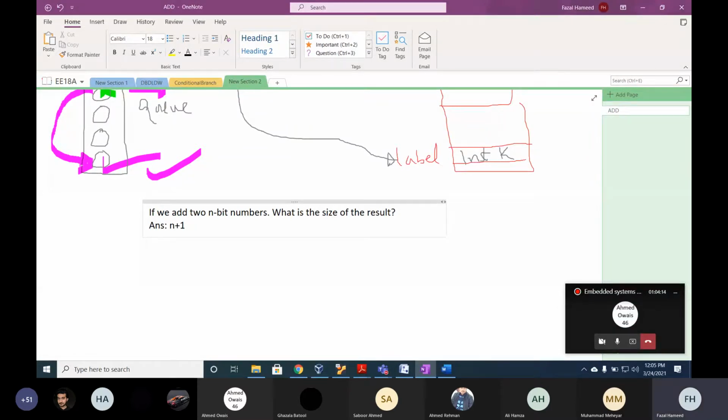What should be the size of the result avoiding overflow? It is n plus 1. I will explain this with an example. Now let's assume we add two 4-bit numbers. So what is n here now? What is n here?